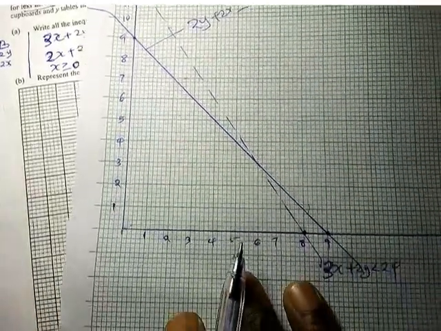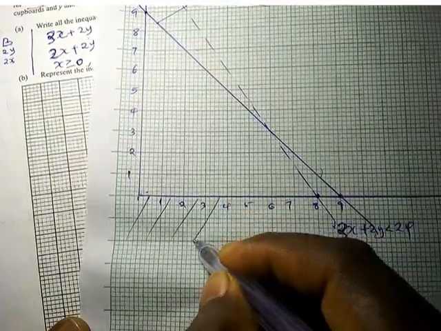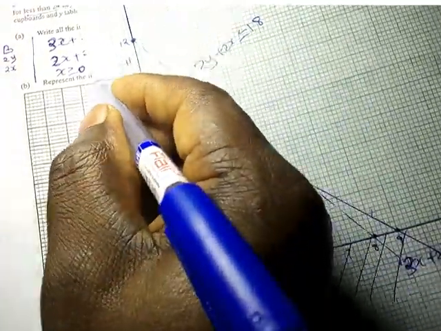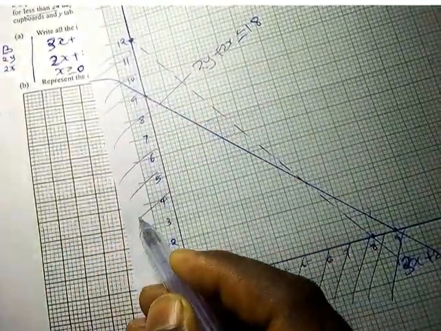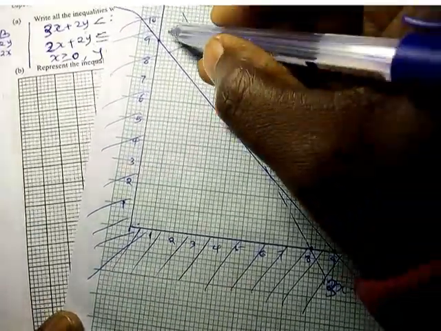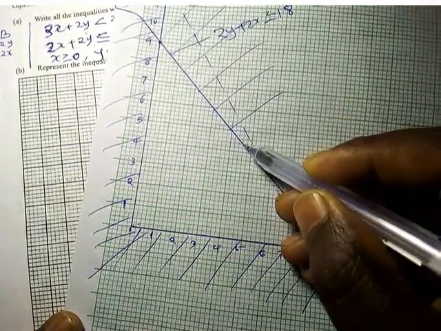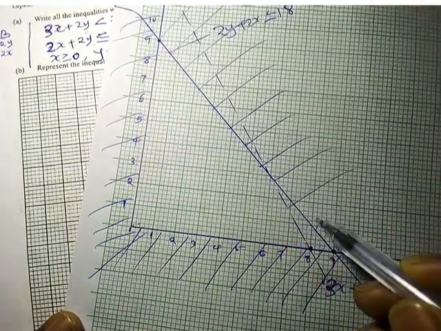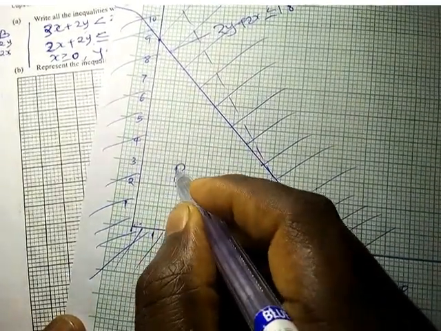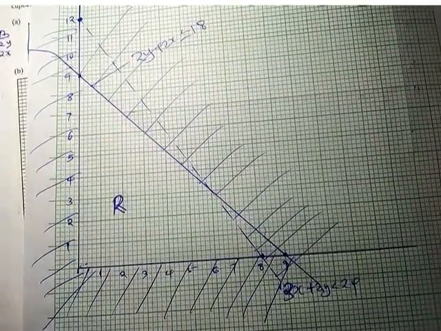It is important to write that. The required region, we said everything is greater than 0, so this is not required. Everything this side is not required. So this is our required region R. Very good. By now you have got your 6 marks.